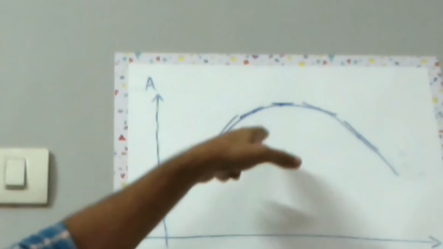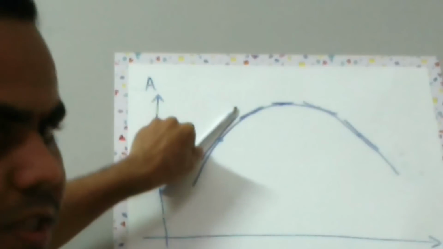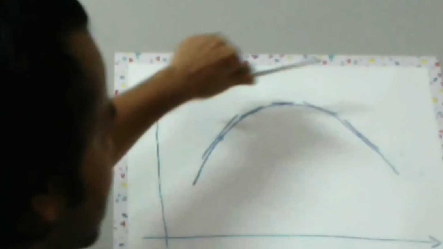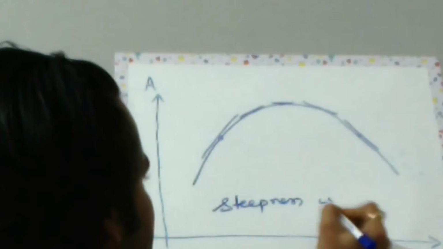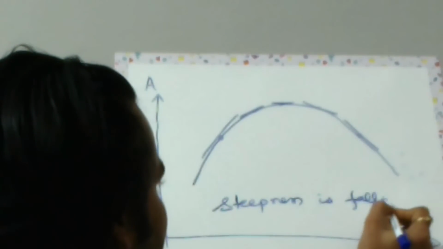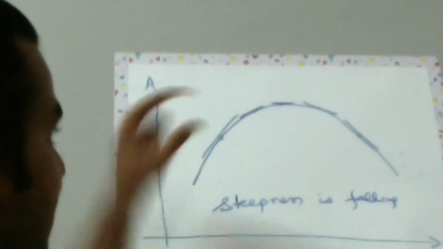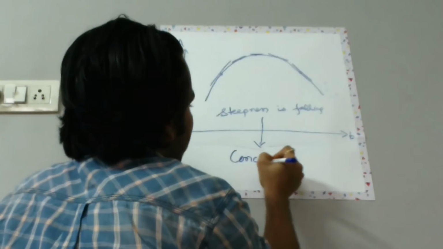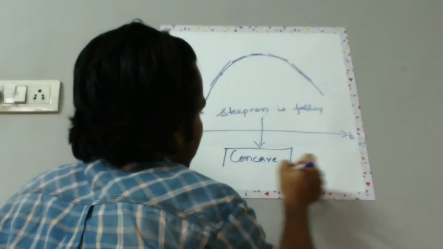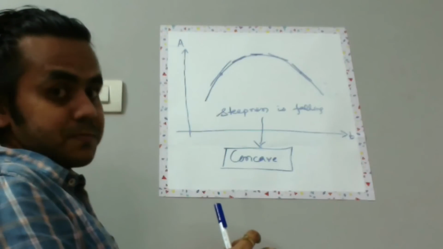Now, if you look at this, the steepness over here is like this. Then it's like this. Then it becomes flat. Then it is downward sloping. Downward sloping. If you look at a pattern over here, the steepness is falling from upward to flat to downward. Now this is known as your concave kind of a growth or concave function.